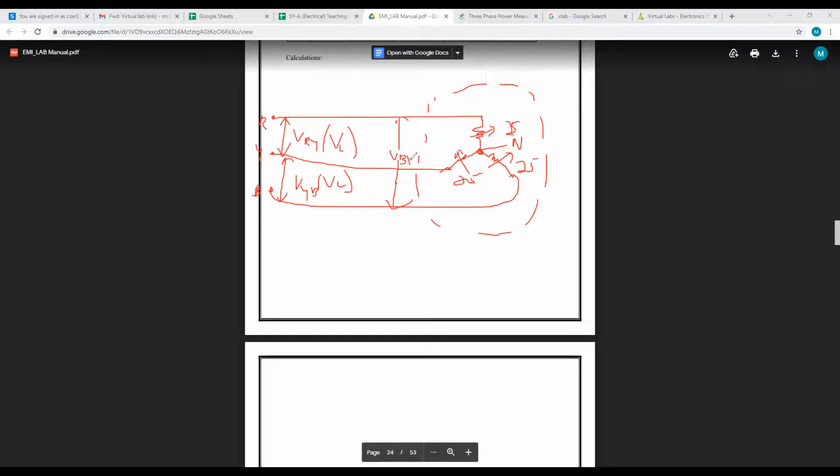That is different. So if all 3 loads are equal, 25, 25, 25, we call that a balanced load. That load is called which one? Balanced load. If it is 25, 25 and here 35, that is unbalanced.